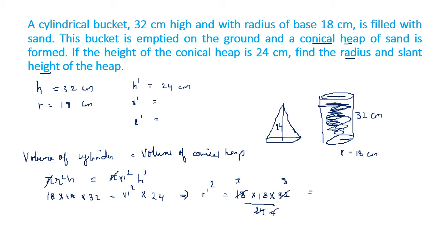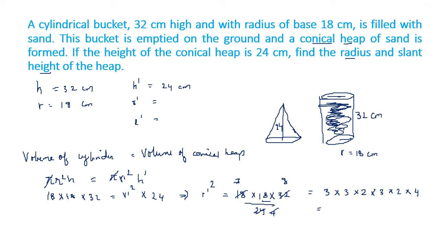So I get r prime square is equal to 3 into 3 into 2. 3 we got this, 3 6 are 18. 18 can be written as 3 into 2 into 3 into 2 into 4, that is 8.